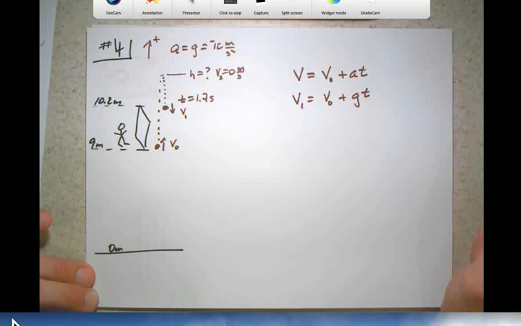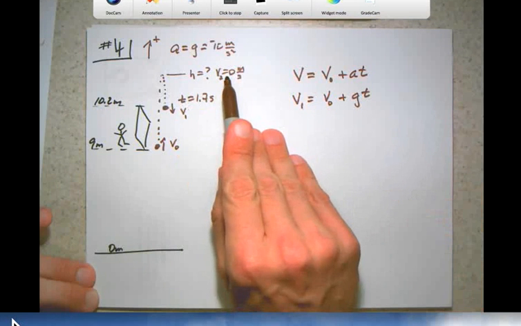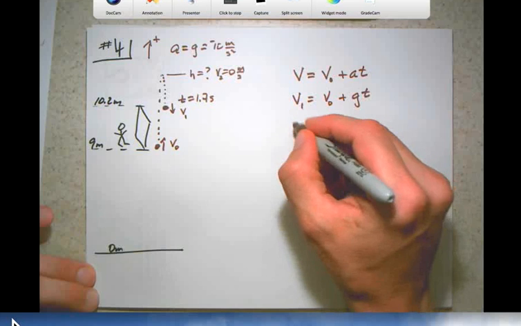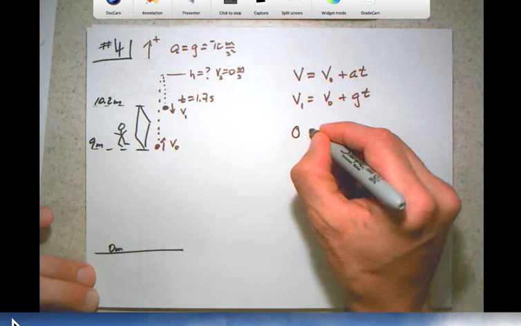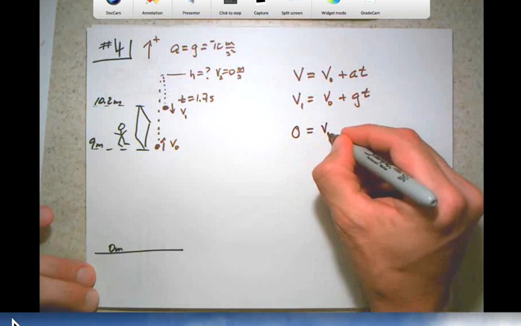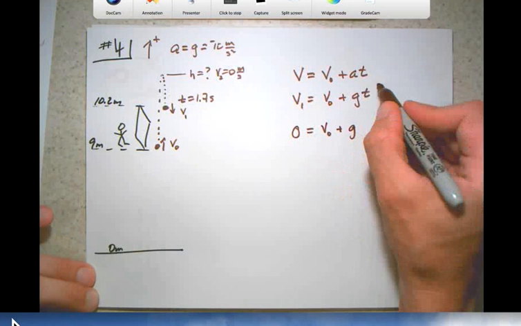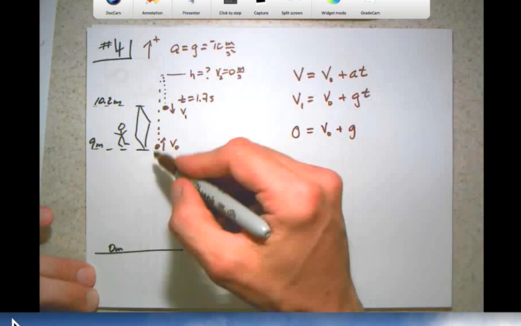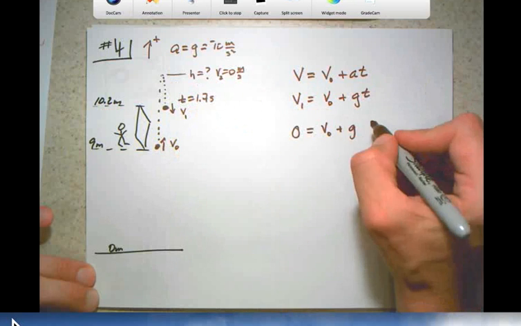What else? Well, to get all the way up here, we know that that would be 0 meters per second, so 0 equals V0 plus G times time. Now this is a different amount of time. To get all the way up there, it's going to be less than 1.7 seconds.